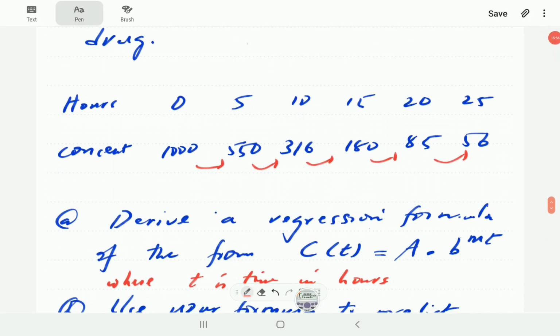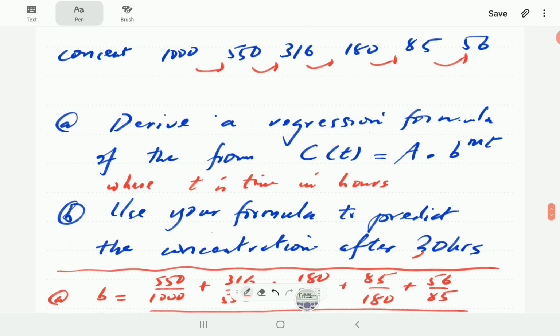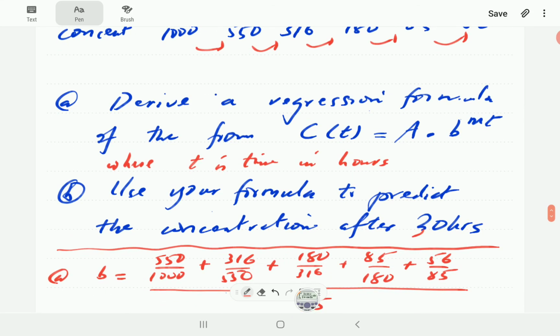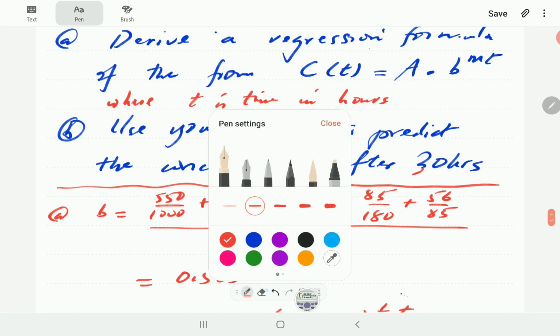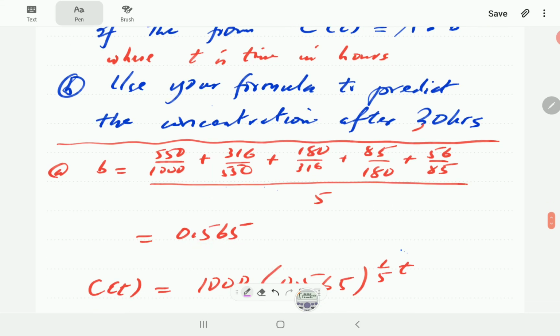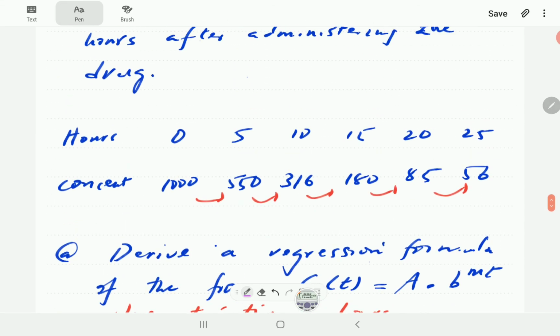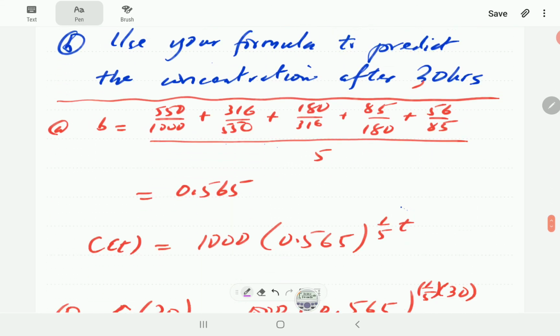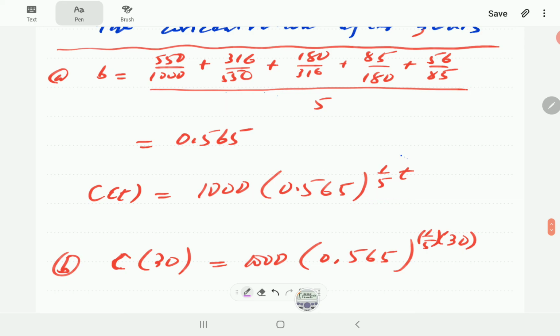Alright, so in this case the ratios are going to look a bit like what we have here. We've got 1, 2, 3, 4, 5 of them. So we add and divide by 5. And that gives 0.565 as our growth factor. Since time t equals 0 corresponds to 1000, our A is 1000, so that's going to be our formula.